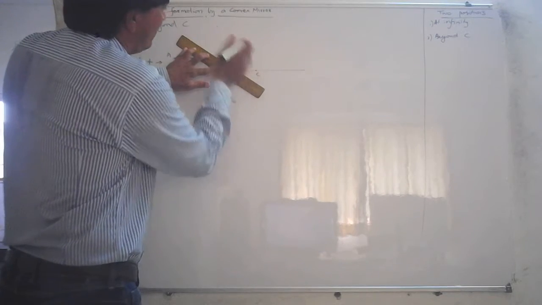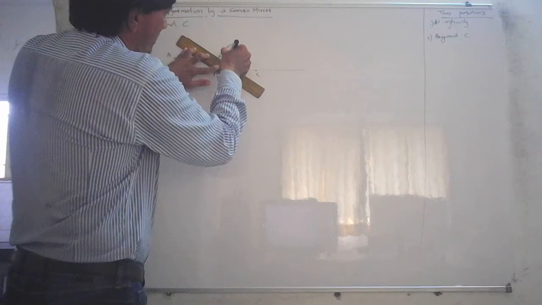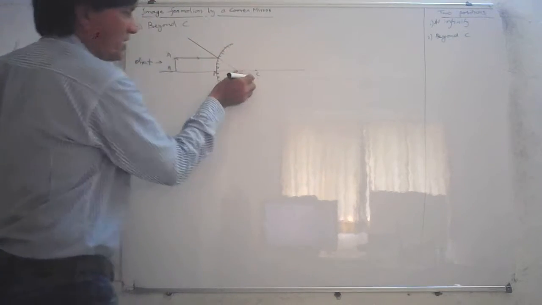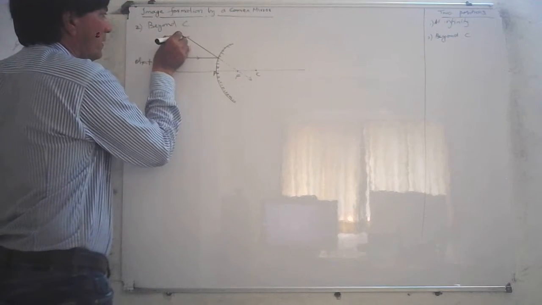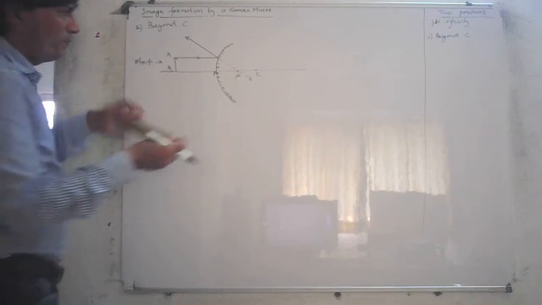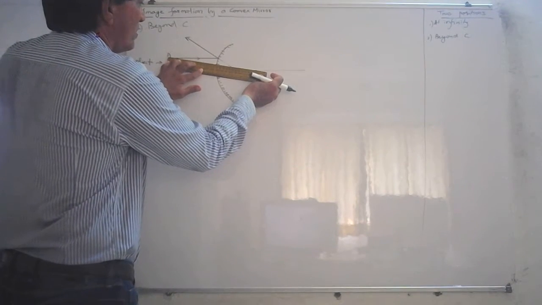Keep the ruler in line with the focus and extend it backwards. Here I have extended it backwards this way. This is one ray of light. The other ray of light passes straight through the center of curvature. This is your center of curvature.